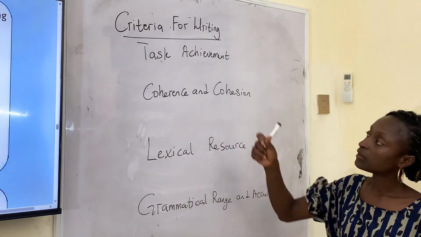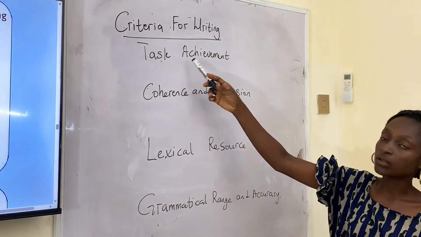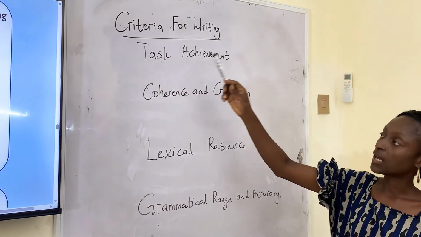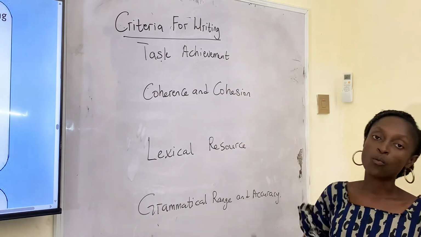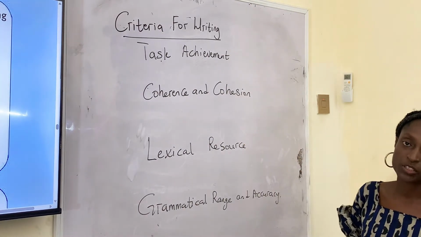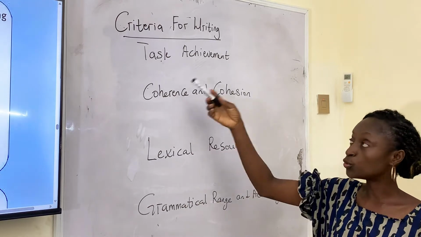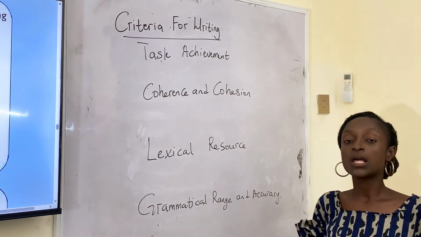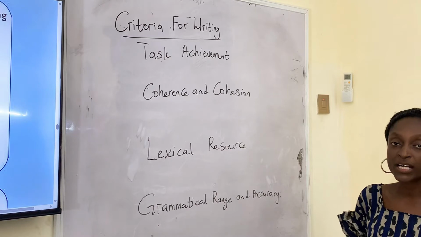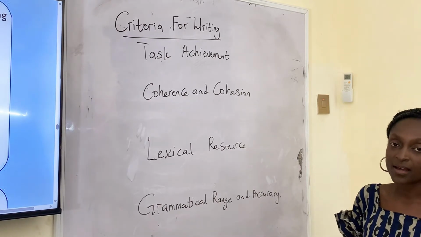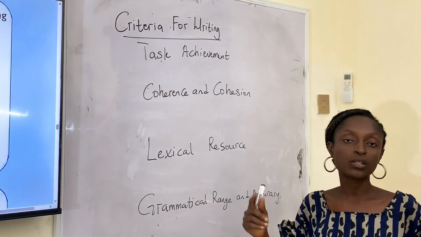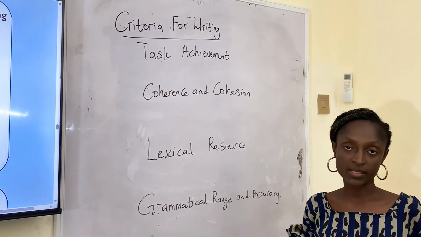So now, the first is what we call task achievement. Task achievement. That's the first. Now, what's the meaning of task achievement, or what are we expected to do under task achievement? Now, the first thing we are being asked to do is to make sure our letter is up to 150 words.